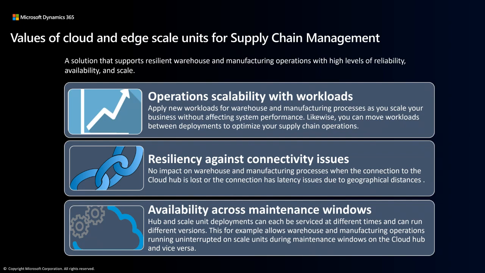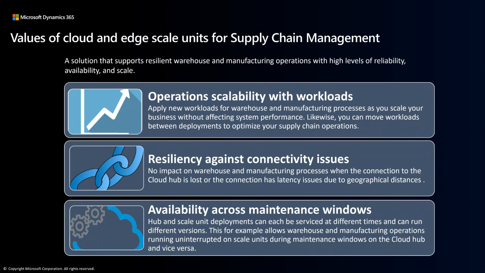If you have warehousing or manufacturing operations that have large latency to the main cloud or hub deployment of finance and operations or finance and supply chain management, we can offer scale solutions or scale operations more closely aligned to where those facilities may reside, as well as also allow you to potentially implement edge scale units as well, where the system components would be installed locally at the facilities to prevent against connectivity to the cloud issues.